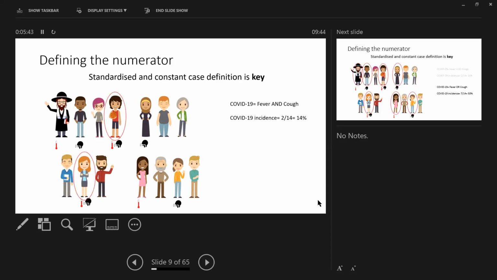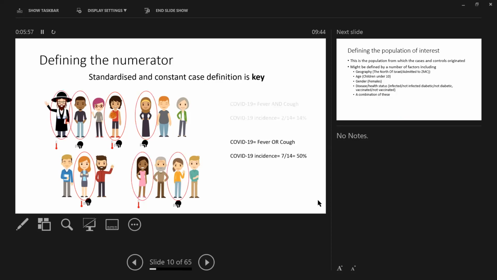If your case definition is anyone with a fever and a cough has COVID-19, your incidence is 2 people out of 14, which is 14%. If you change one word in your definition and say anyone with a fever or a cough, your incidence jumps to 50%. And this is important because sometimes even standard definitions change.